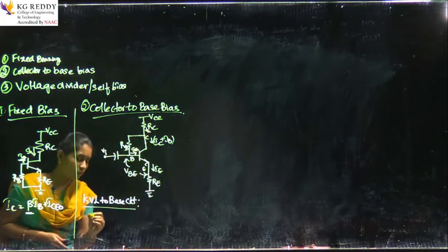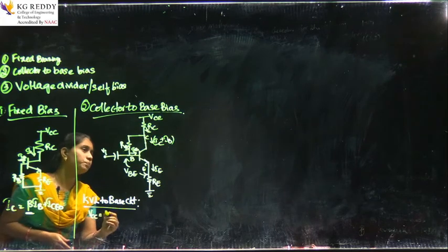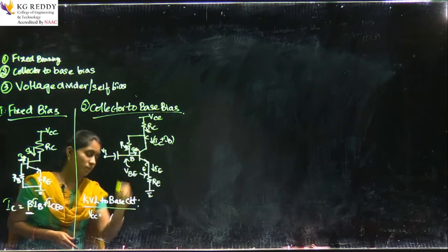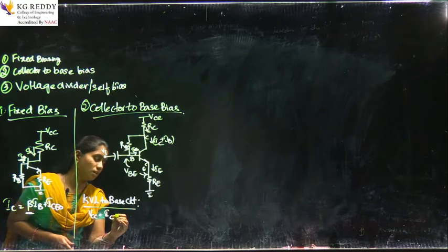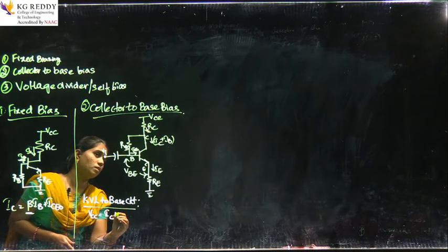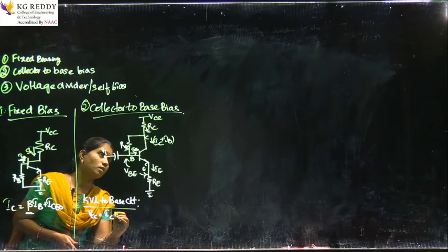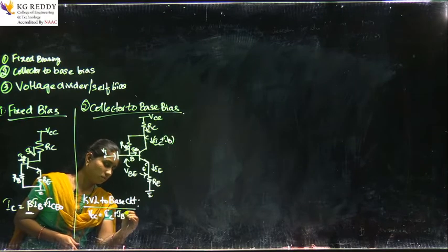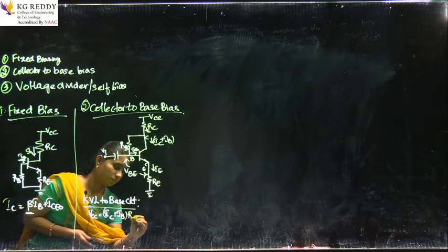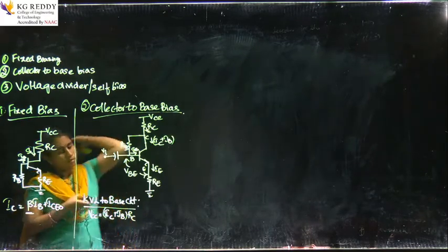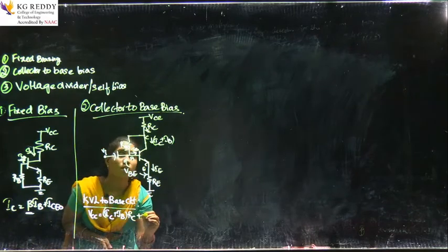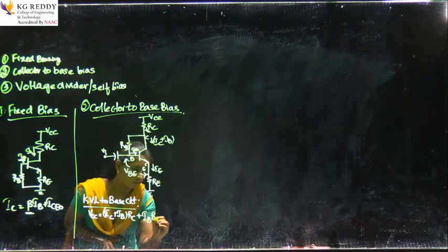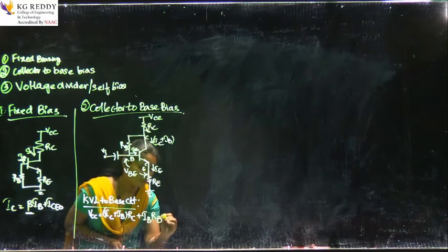So, I can write the equation when I apply KVL. I can write that VCC equals IC plus IB into RC, plus IB RB, plus VBE.